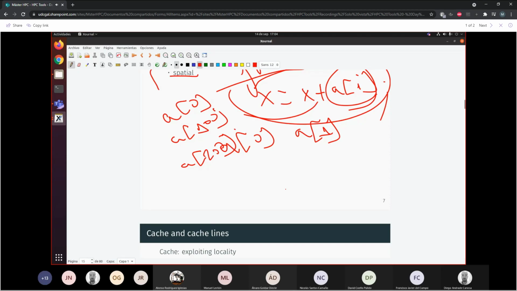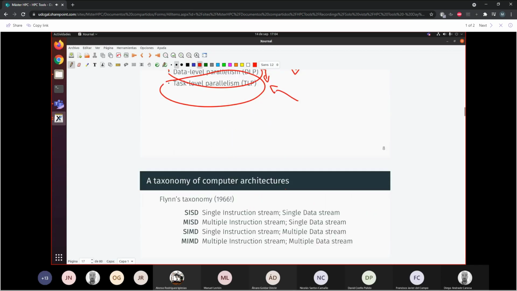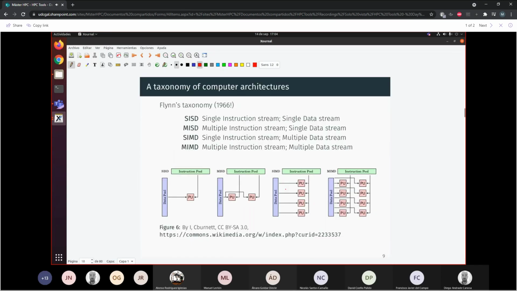Having into account this idea of the different kinds of parallelism that we can have, there is the Flynn taxonomy. You are going to see this taxonomy not only in this subject, but in many other subjects of this master, because it's basic knowledge that you should have.